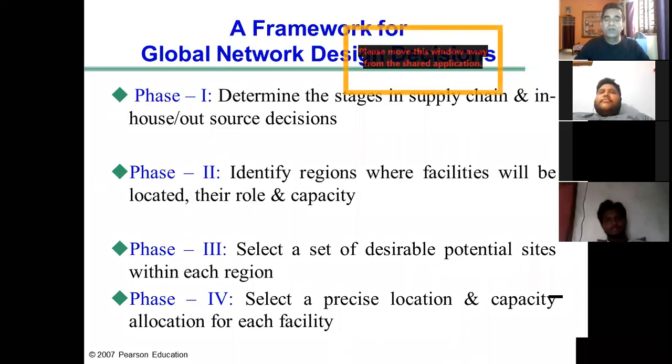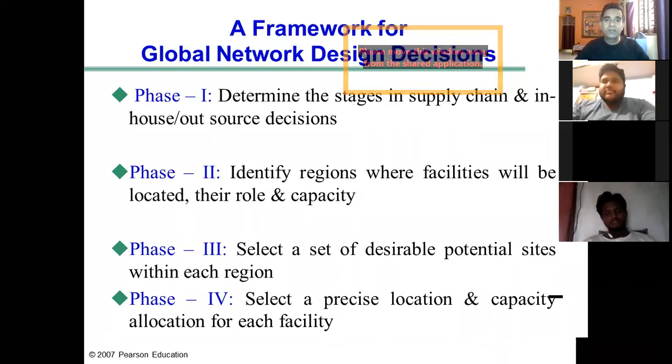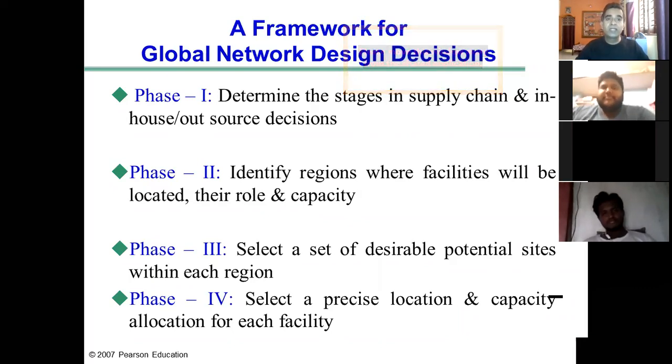Okay, so this is just for a typical FMCG company, a physical distribution channel. So in phase 1, the company needs to determine the number of stages in the supply chain and which functions, like inventory, transportation, for example manufacturing, will be performed in-house and which outsourced.